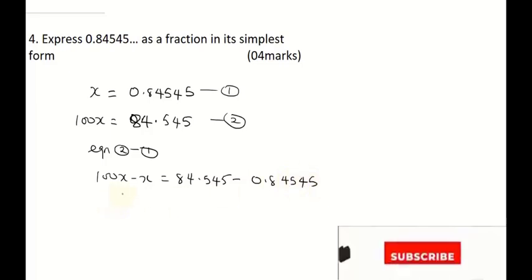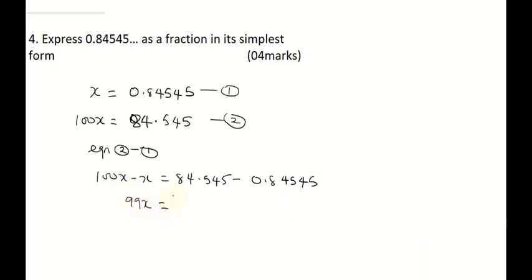Now when I do 100x minus x, I'm going to get 99x is equal to, now when I do 84.545 minus 0.84545, this will give me 83.7. Now from here, x is going to be 83.7 all divided by 99.